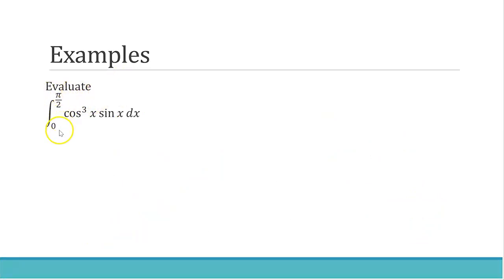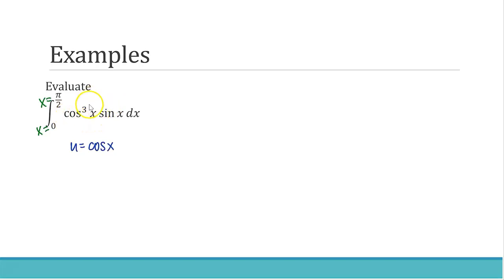I have: evaluate the integral from 0 to pi over 2 of cosine cubed x times sine x dx. So once again, just to remind ourselves, these are x values as my limits of integration. I'm going to do u-substitution here, letting u be cosine x, because that's my inside function.